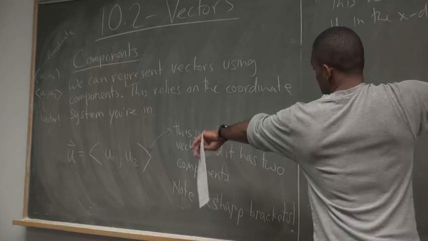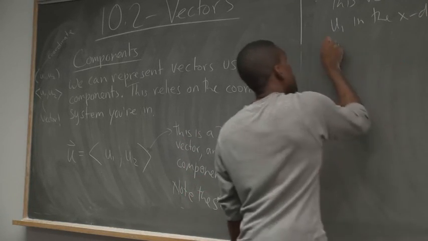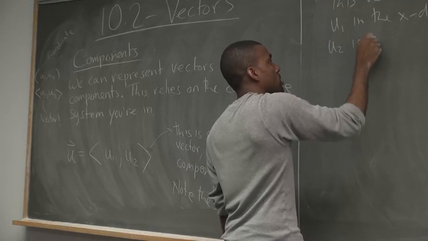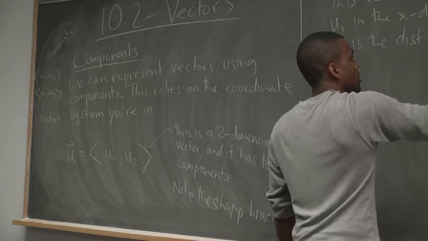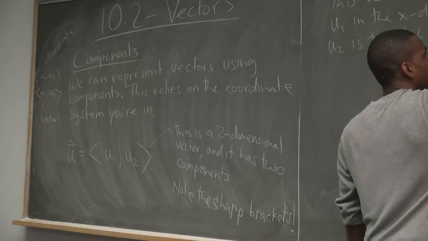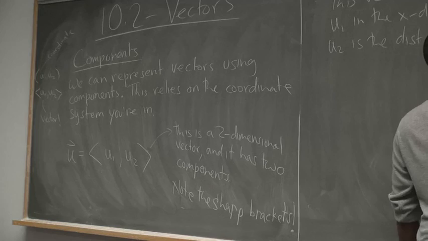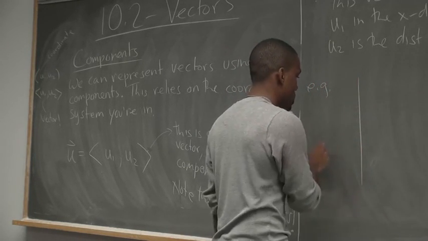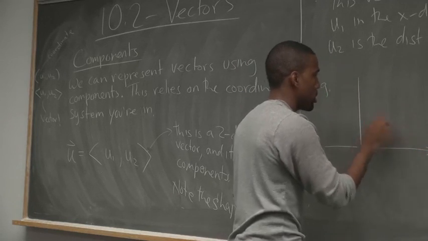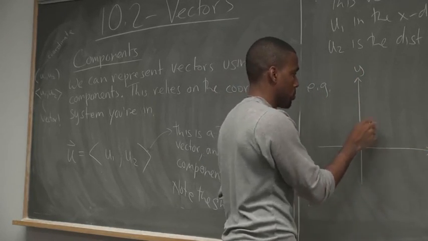you think of this, guys, as how far you're moving in the x and y direction respectively. So for example, let's say I'm in 2D, just to get the idea across, x and y, and I could represent a vector.